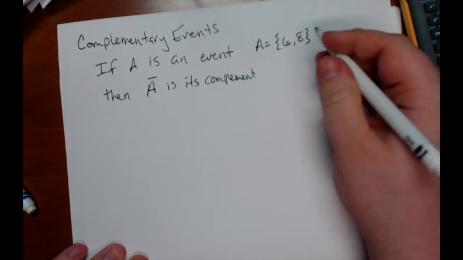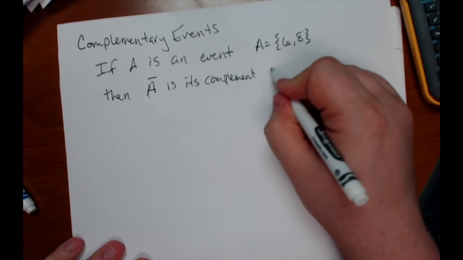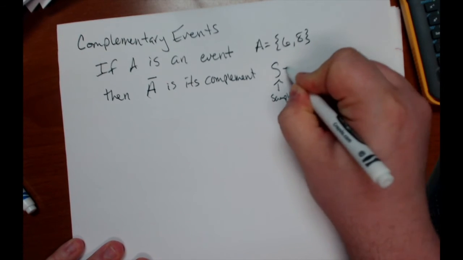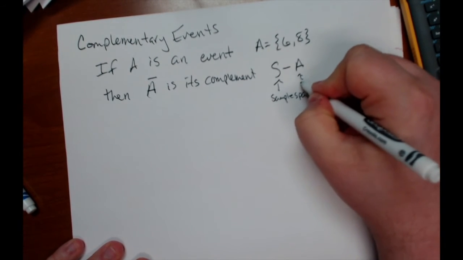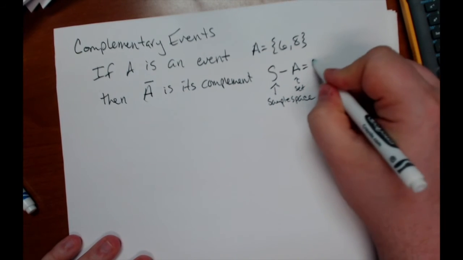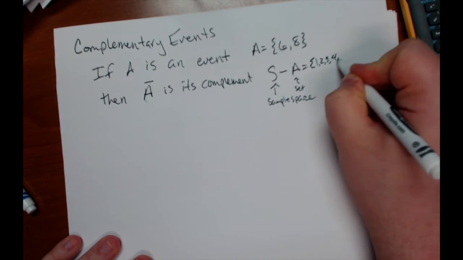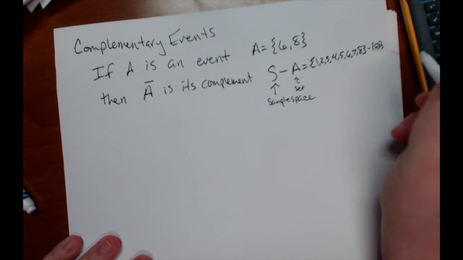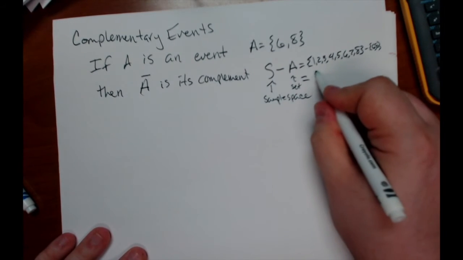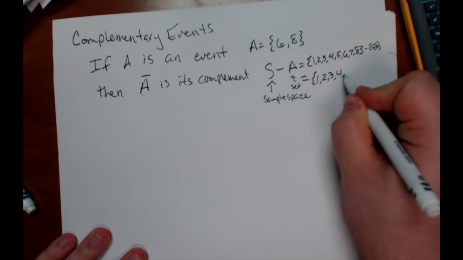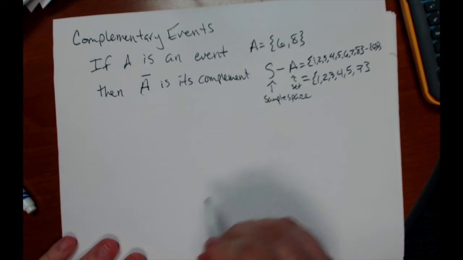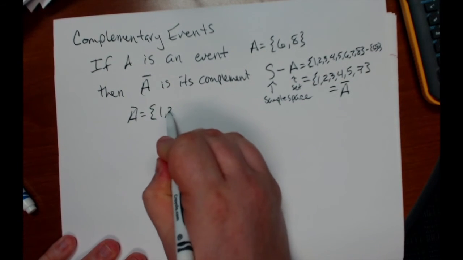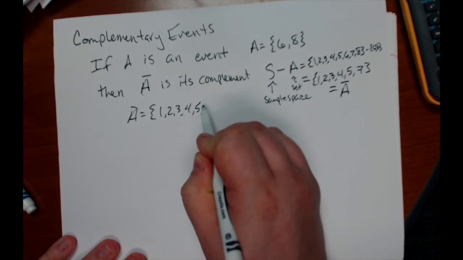Remember, we had the complement of a set, and that's the set here, which is going to be our sample space, minus our set. And so our sample space is 1, 2, 3, 4, 5, 6, 7, 8. Take away the 6 and the 8. And what are we left with? Well, we're left with 1, 2, 3, 4, 5, and 7. And that is A complement. So A complement is 1, 2, 3, 4, 5, 7.